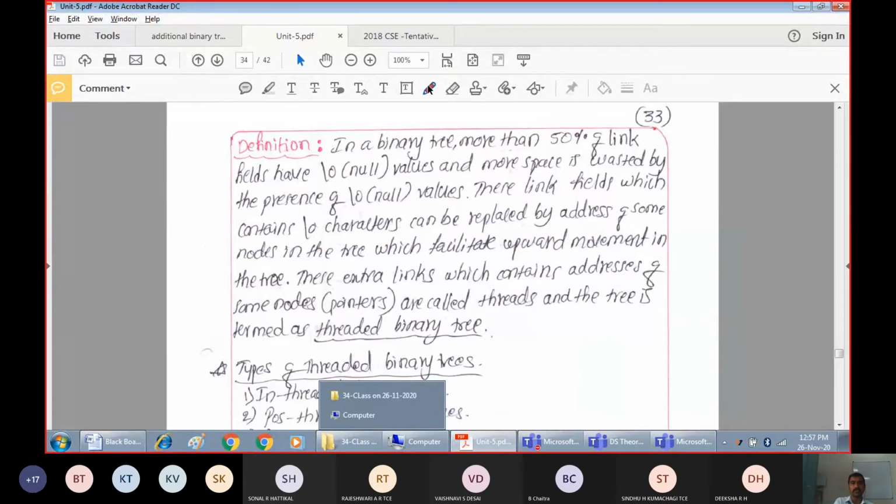That is true. These link fields which contain null can be replaced by addresses of nodes in the tree which facilitate upward movement.